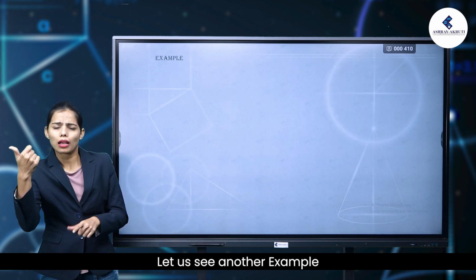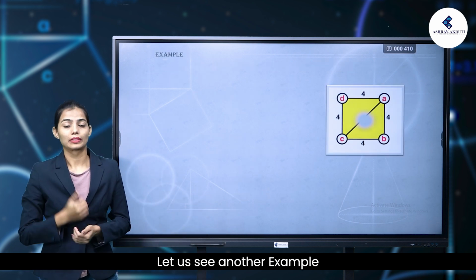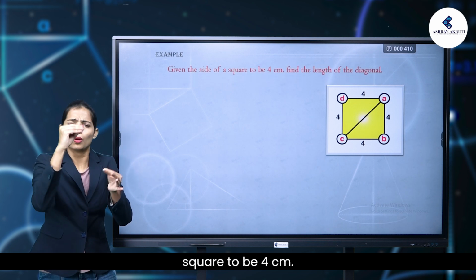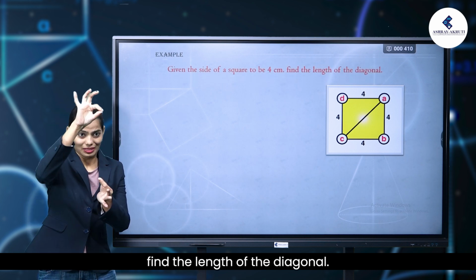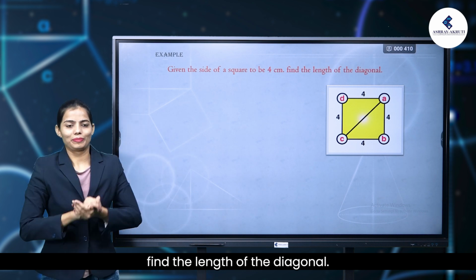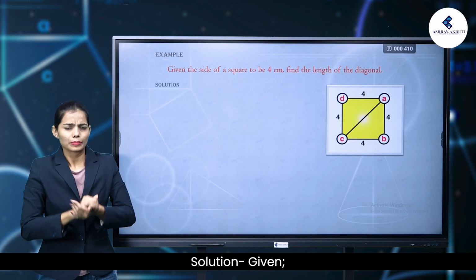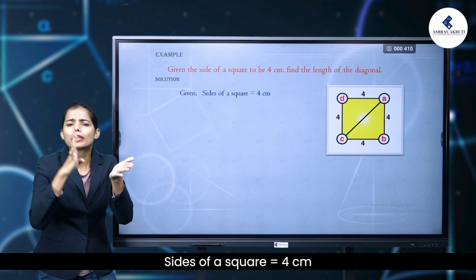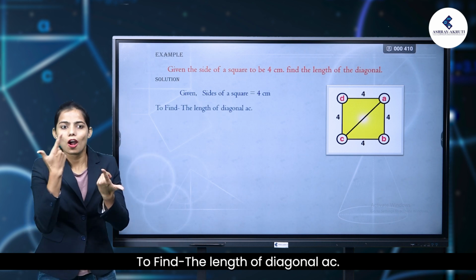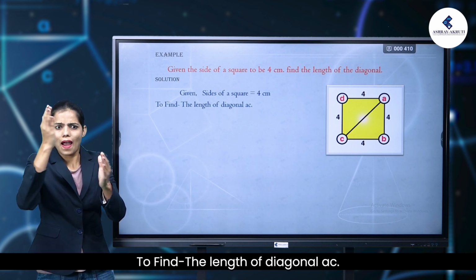Let us see another example. Given the side of a square to be 4 centimeter, find the length of the diagonal. Solution. Given sides of a square is equal to 4 centimeter. To find the length of diagonal AC.